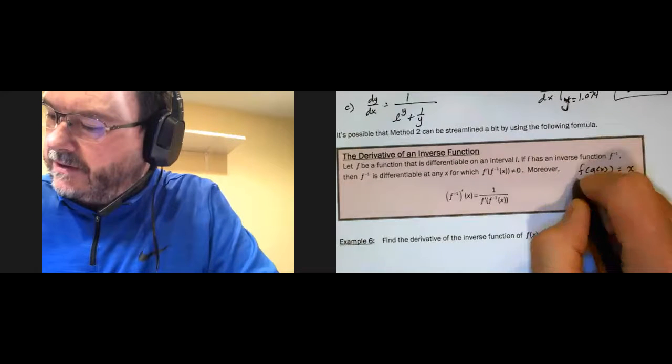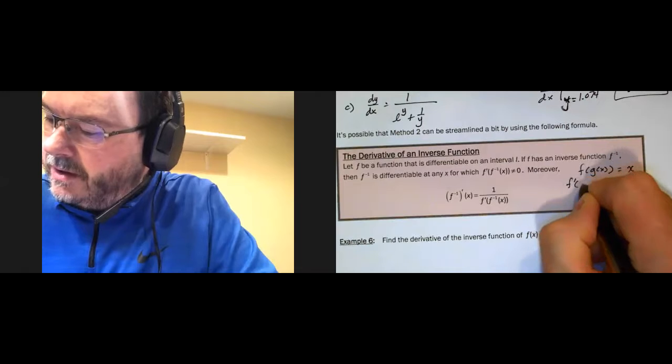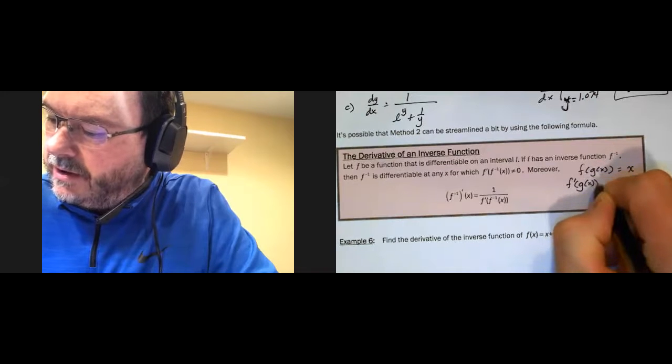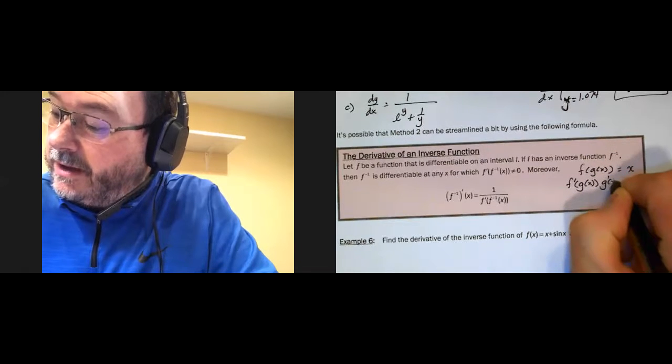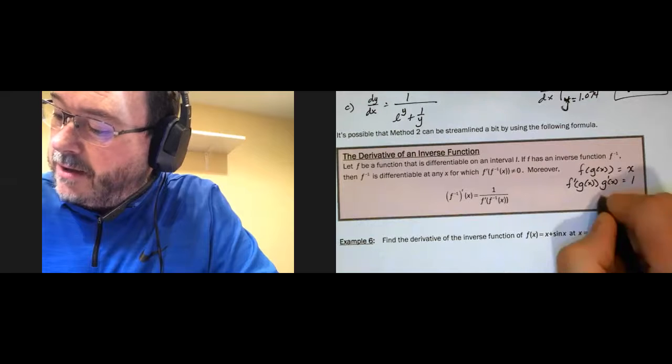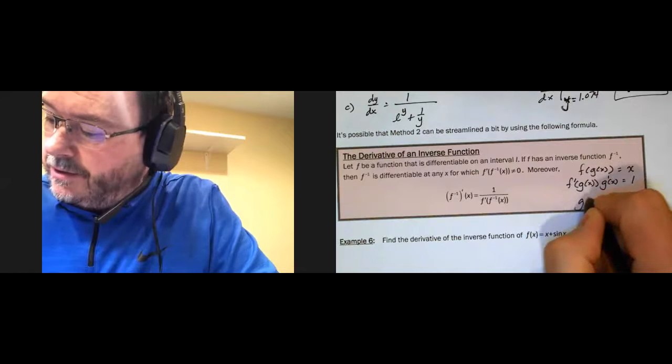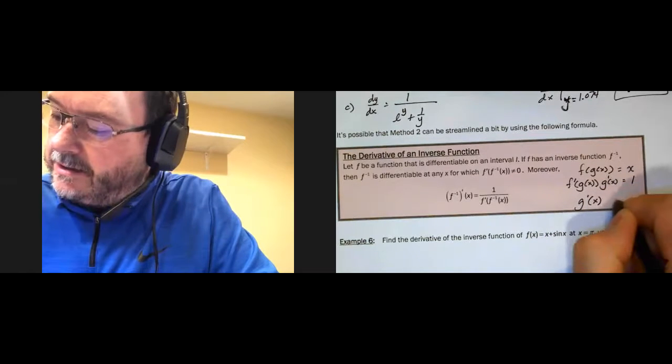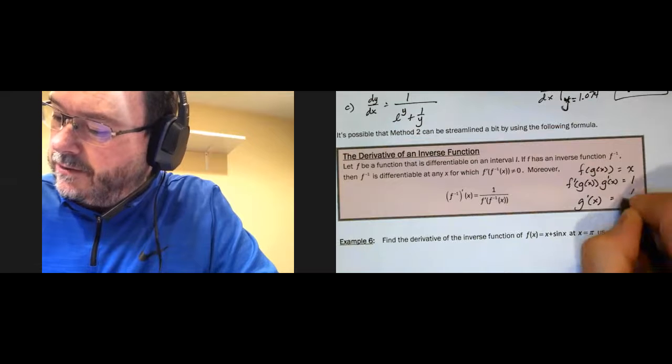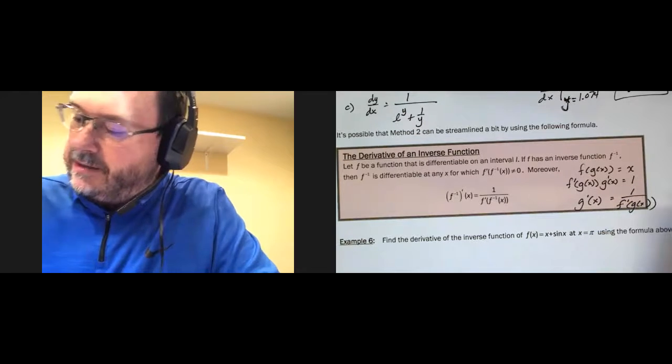So the derivative is f prime of g of x times the derivative of the inside, which is g prime of x, and that is equal to 1. So g prime of x is equal to 1 over f prime of g of x.